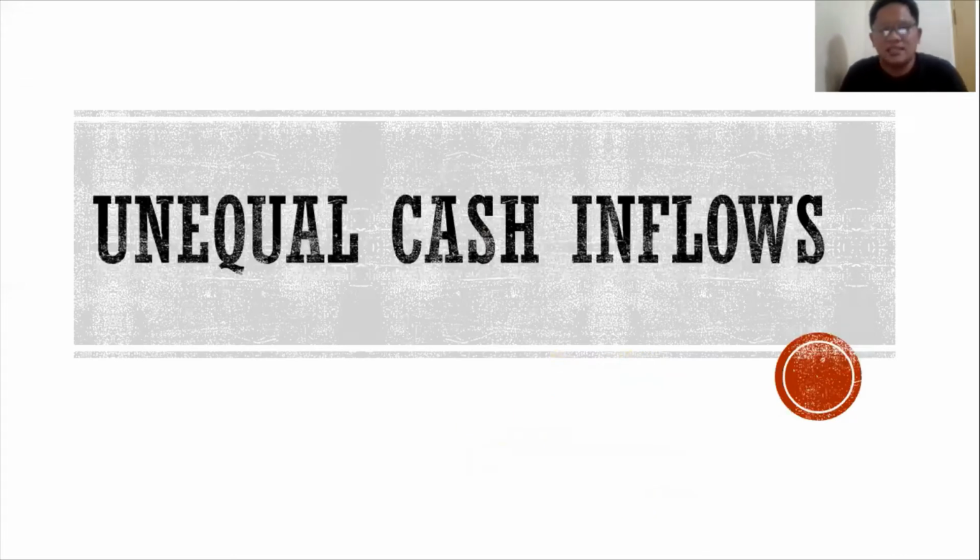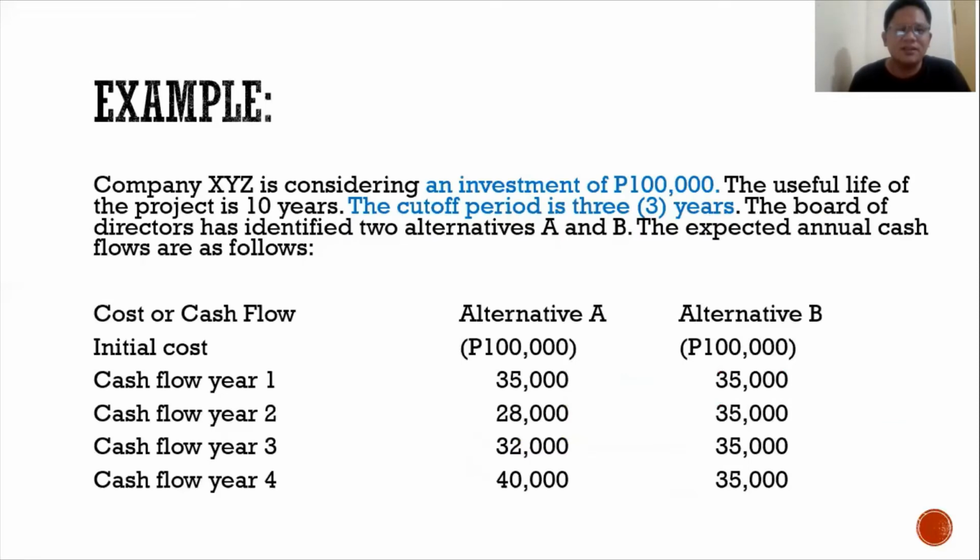Let's discuss unequal cash inflows. Unequal meaning every year the amount of cash flow expected is not even. So let's have this problem where XYZ company is considering an investment of 100,000. This time there are two alternative investments.